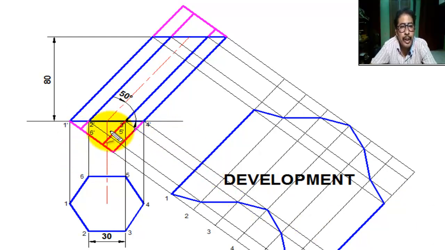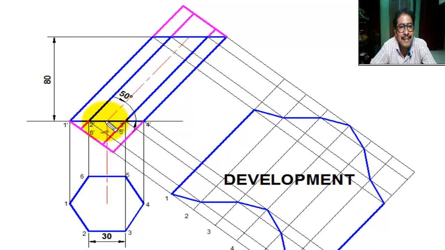Now we draw the front view. First we draw the axis line from this point at 50 degrees with the HP, or 50 degrees with the base.